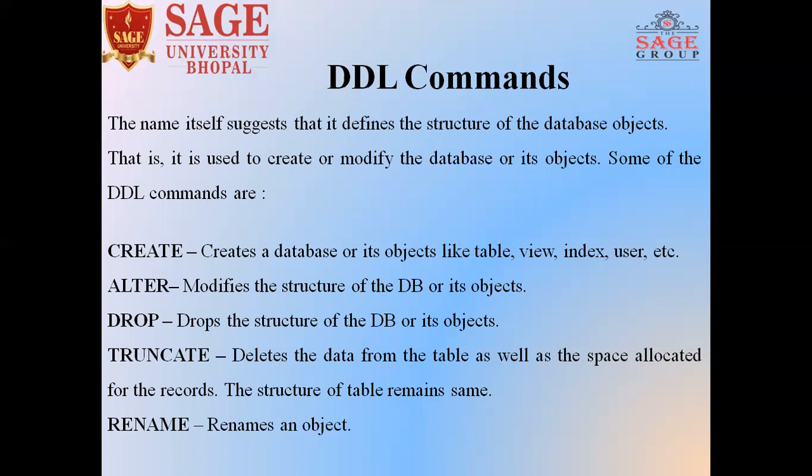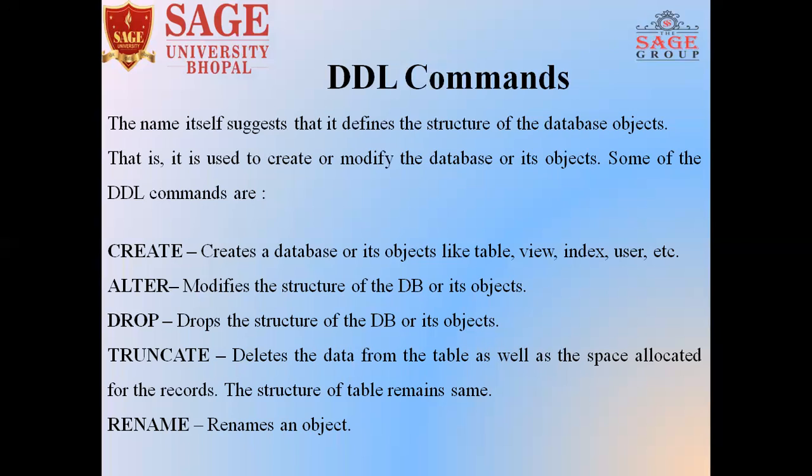With the help of the alter command, you can modify the structure of the database or its objects like table, view, index. That means in the duration of the database management system, if you want to modify, if you want to update the definition of your database, you can do that task with the alter command.